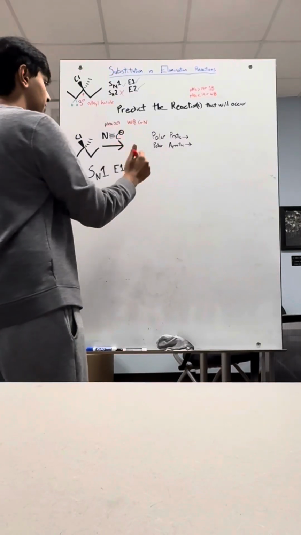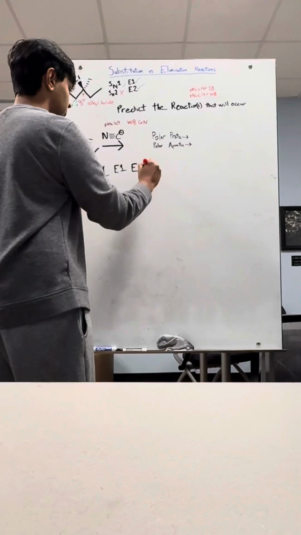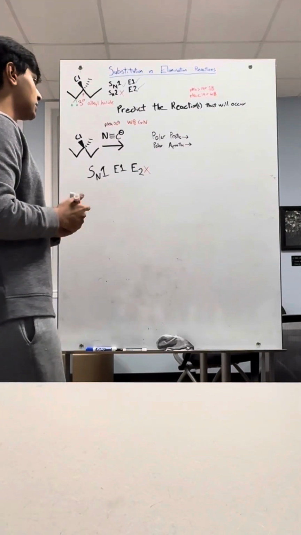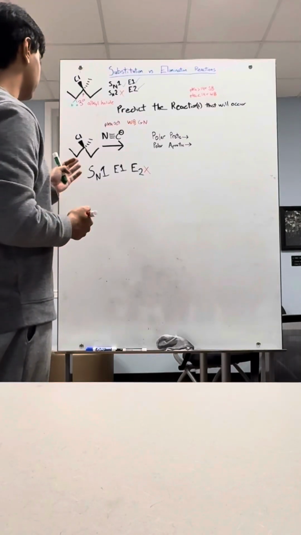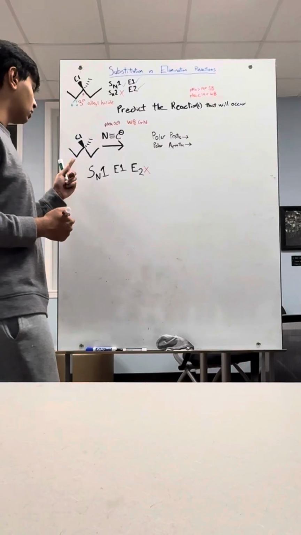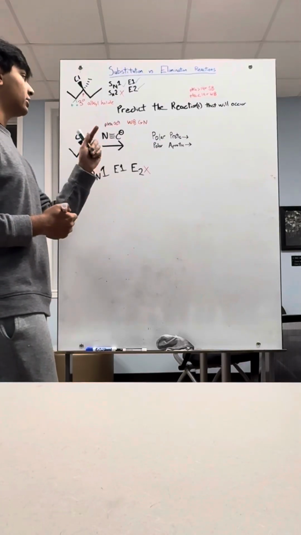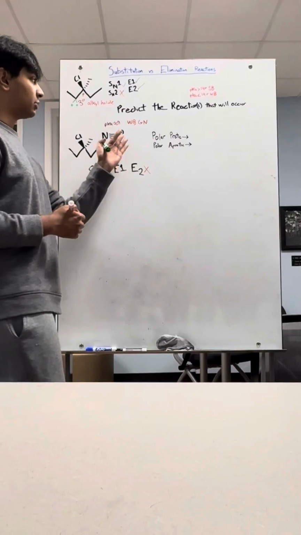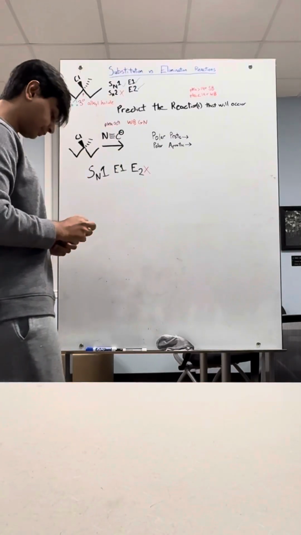So first off, we can immediately get rid of E2 here, since we have a weak base; the rate determining step involves the deprotonation, which is hard to perform with a weak base.